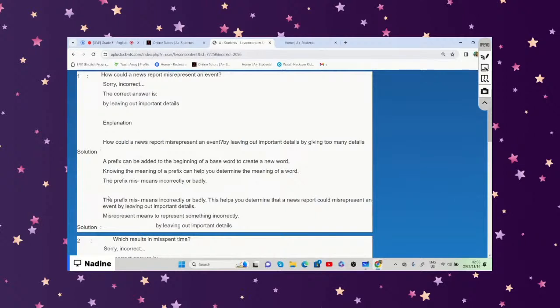The prefix mis means either incorrectly or bad. That is why we use words like misuse, misinformation, misinform, misrepresent, which means that you are doing something incorrectly or badly.